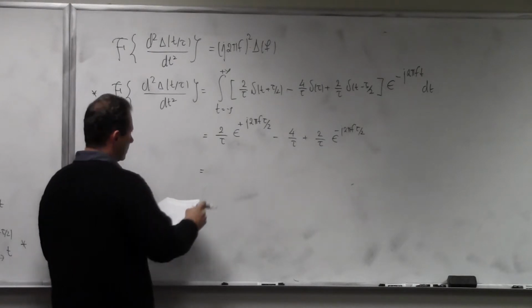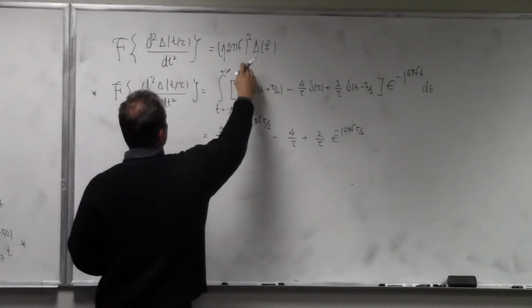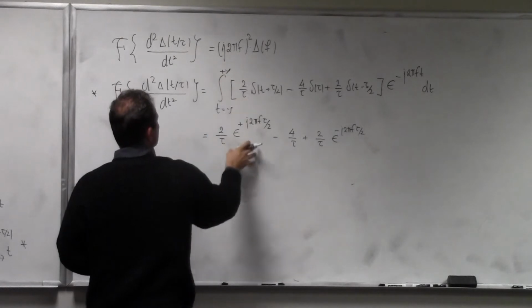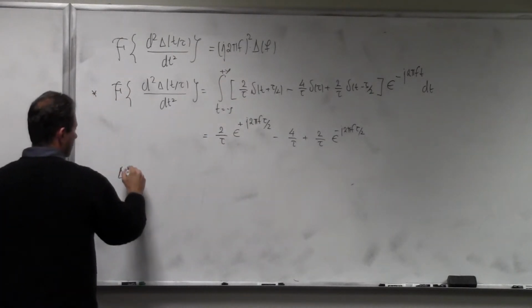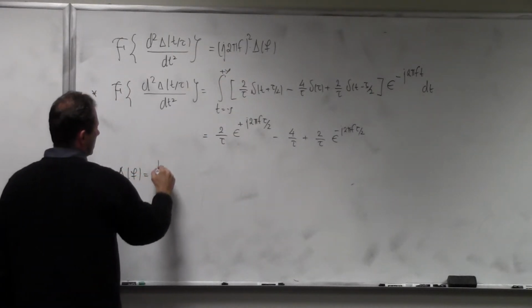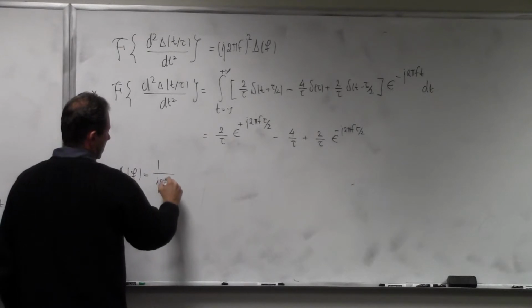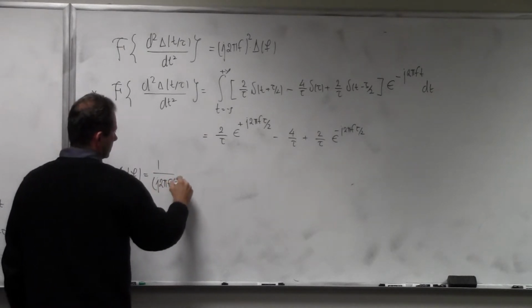I can write, by setting that this is equal to this, I can say the delta of f is equal to 1 over j 2 pi f squared.